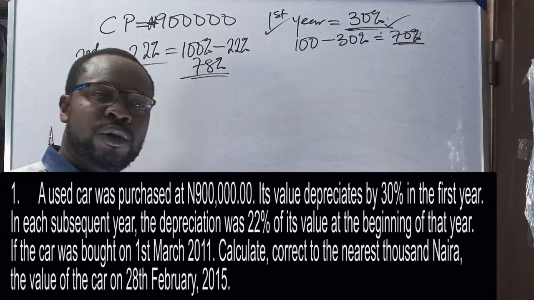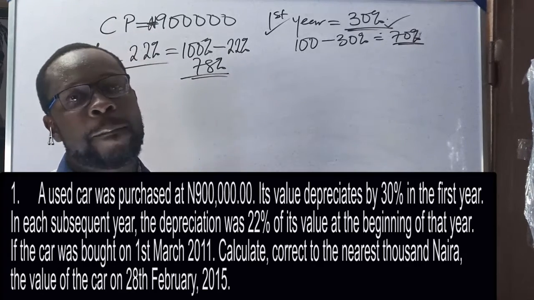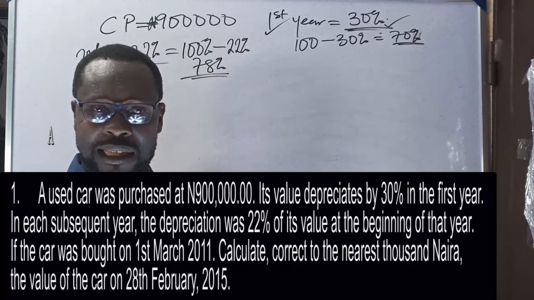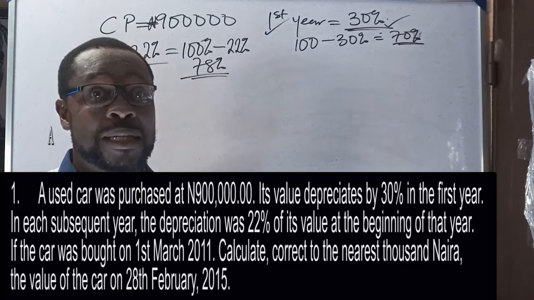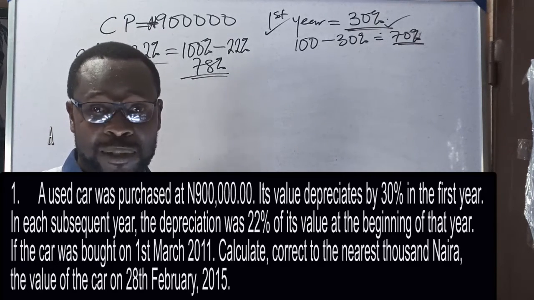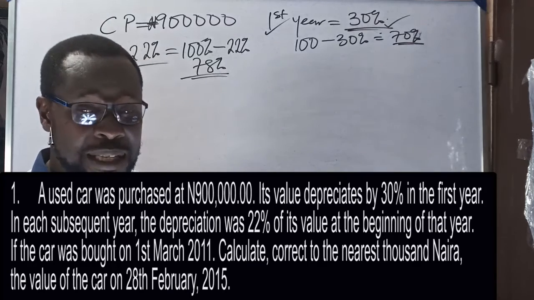Of course, when you're told to depreciate something or reduce something in value by 10%, that means you are talking about 90% remaining. So if someone says they reduce something by 20%, or depreciate, which is the same thing as reduce, we're simply talking about what? 80% remaining.